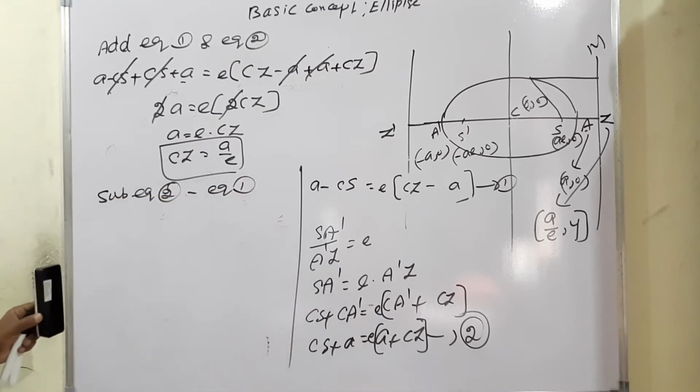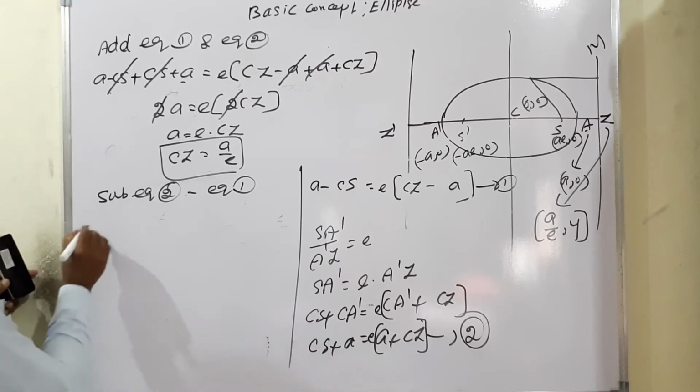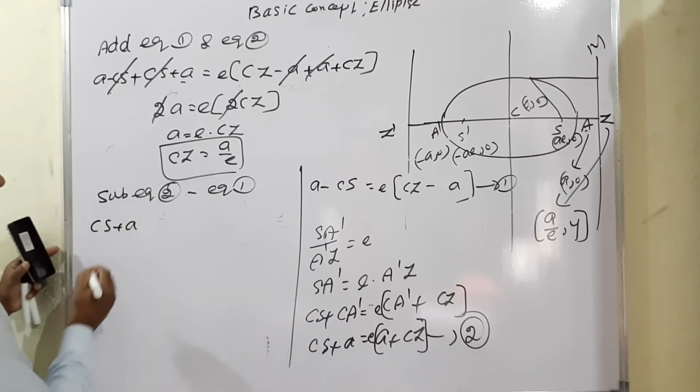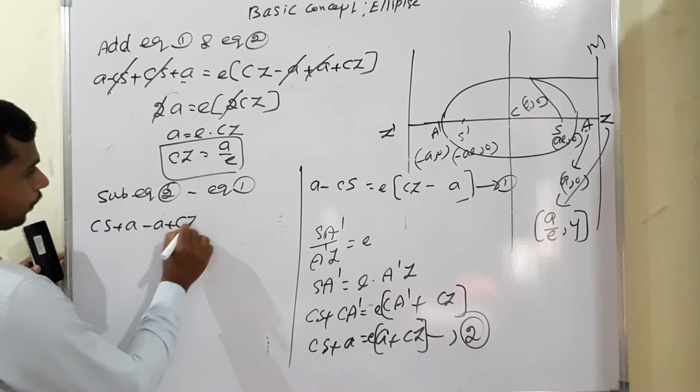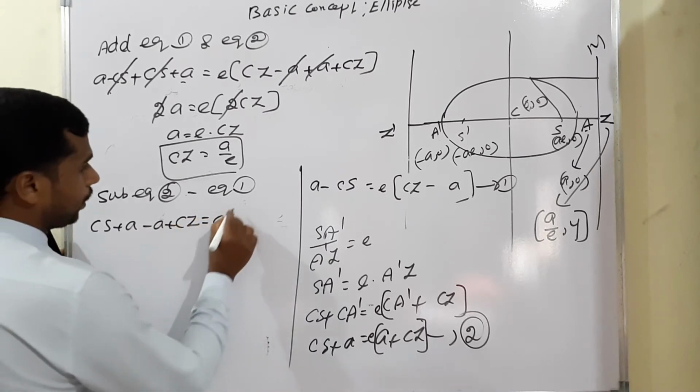What will happen? Equation 2 minus equation 1 means equation 2 CS plus A, then minus A plus CZ is equal to E outside.